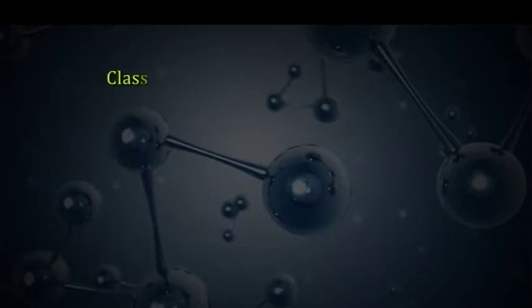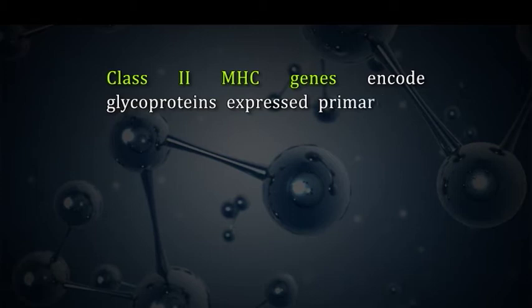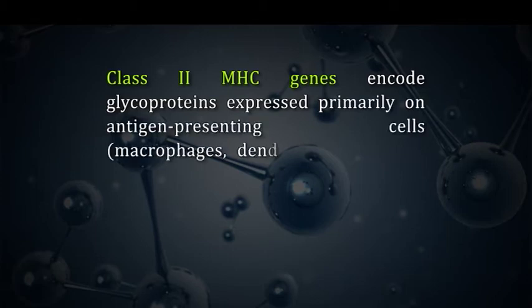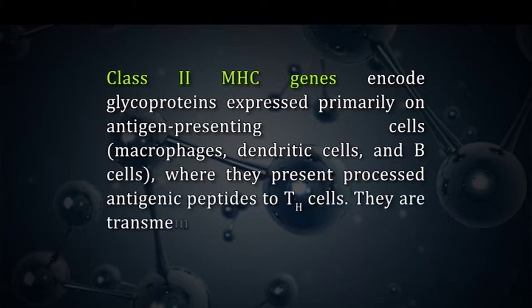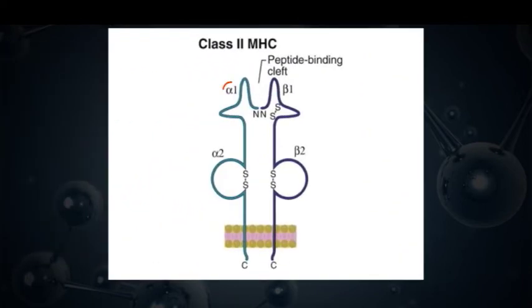Second one, class II MHC genes encode glycoproteins expressed primarily on antigen-presenting cells: macrophages, dendritic cells, and B cells, where they present processed antigenic peptides to Th cells. They are transmembrane glycoproteins, in this case consisting of alpha and beta polypeptide chains of molecular weight 34 kilodalton and 29 kilodalton respectively.